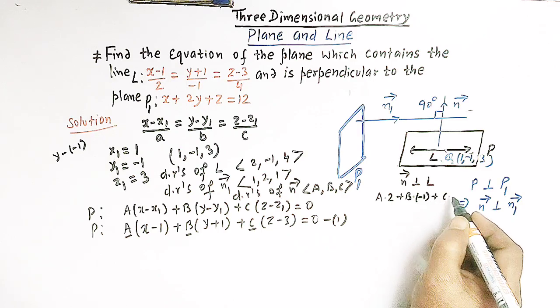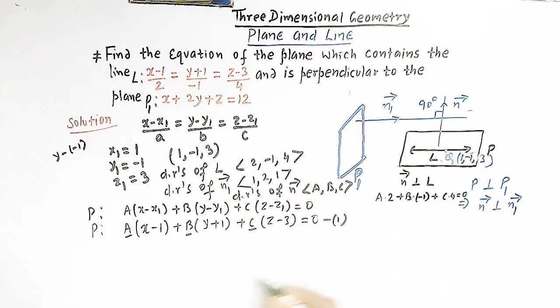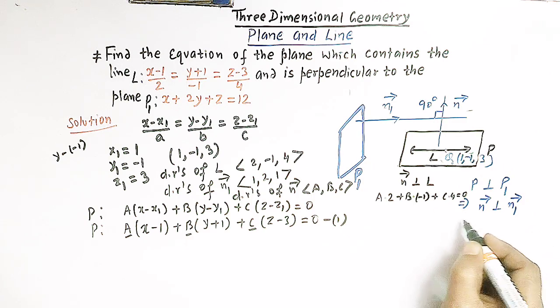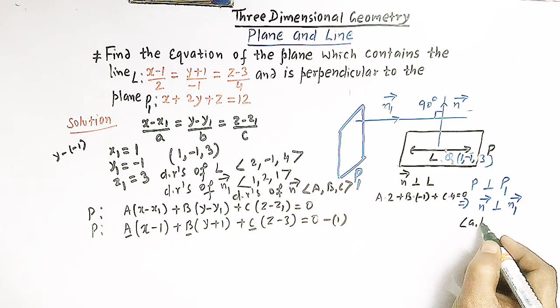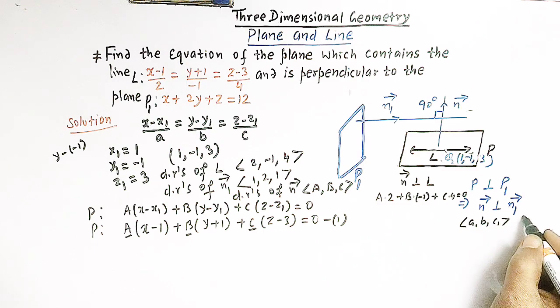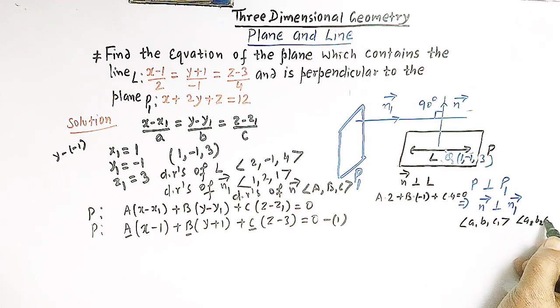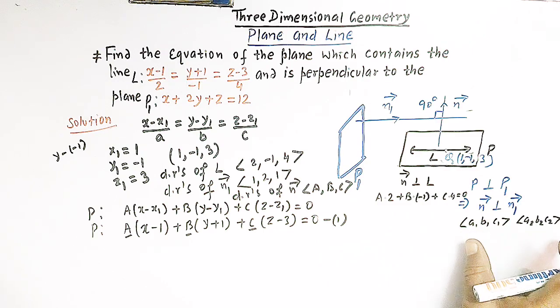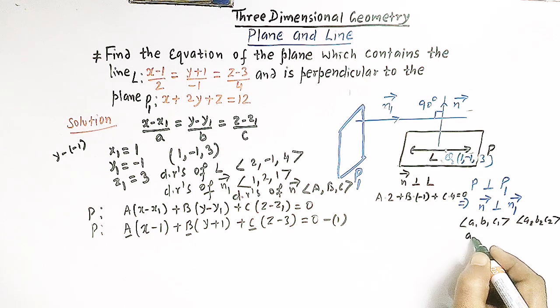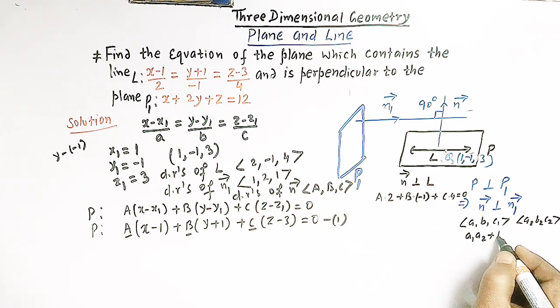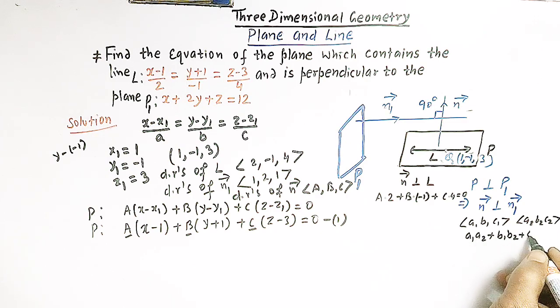So we can now have the condition that is A times 2 plus B times minus 1 plus C times 4 is equal to 0, because we know that if two vectors are perpendicular and their direction ratios are a1, b1, c1 and a2, b2, c2, then the condition of perpendicularity is that a1 a2 plus b1 b2 plus c1 c2 is equal to 0.